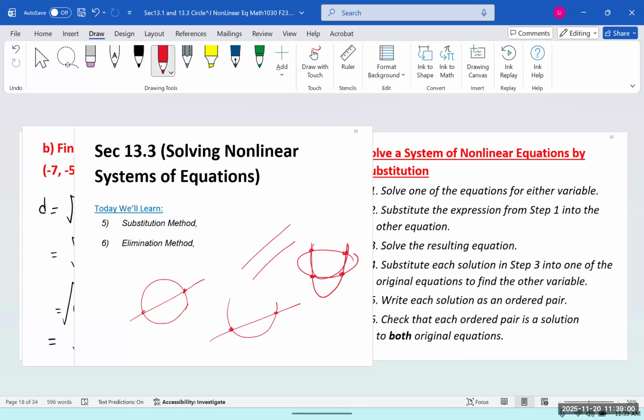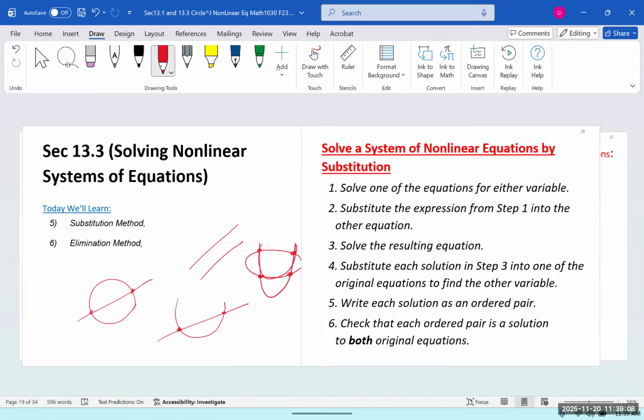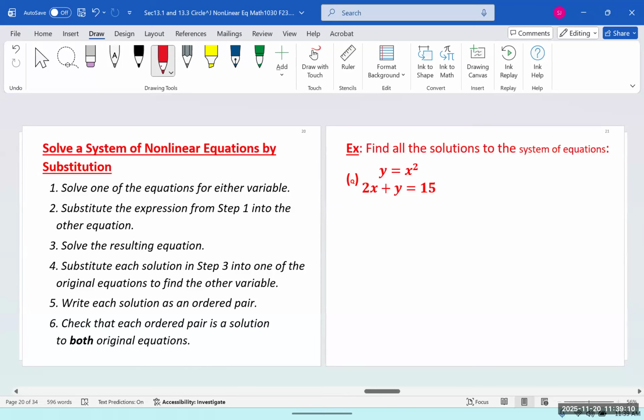In order to solve them, we are going to use two methods. One is called the substitution method. We use the substitution method when you have one variable already alone on one side of the equal sign. For example, here we have two equations, y equals x squared and 2x plus y equals 15.